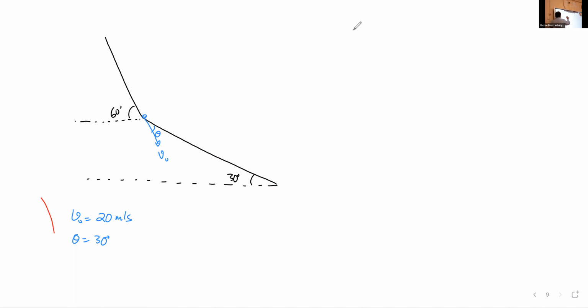Now if the collision is perfectly elastic, what will happen? It will have a velocity V at an angle, let's say phi. We know that V will be equal to V naught, and phi will be equal to theta when we take the case of E equal to 1. You can write that directly. But the way to solve it: V cos phi will be equal to V naught cos theta, the tangential component of momentum conserved.